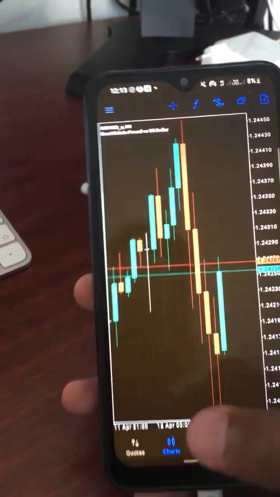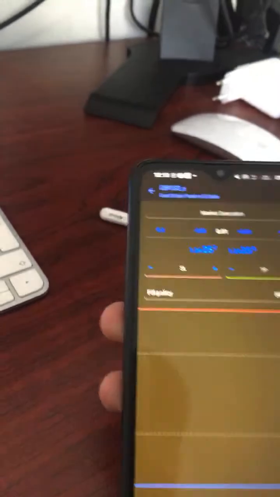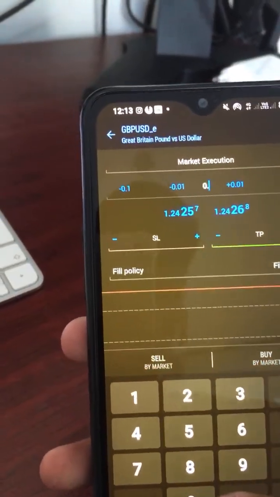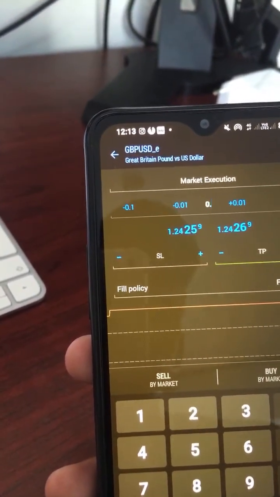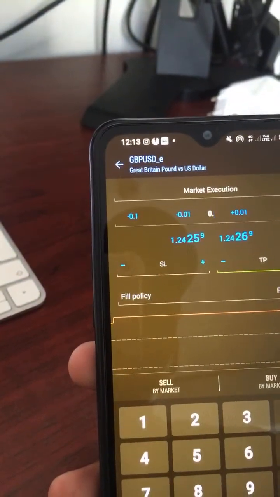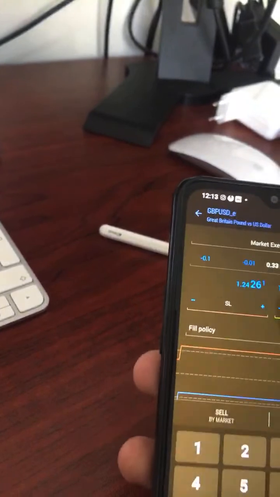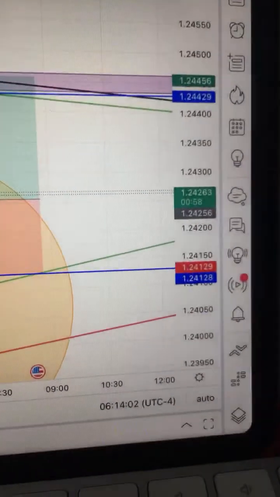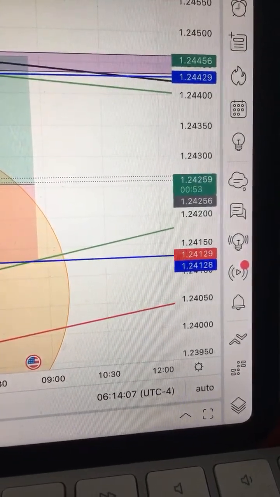So let me place my Gbpusd right now. Lot size, let's make it 1.11 times 3 will be 3.33. My stop loss is 1.24128.